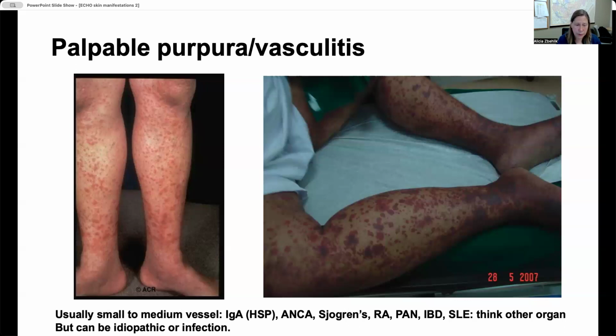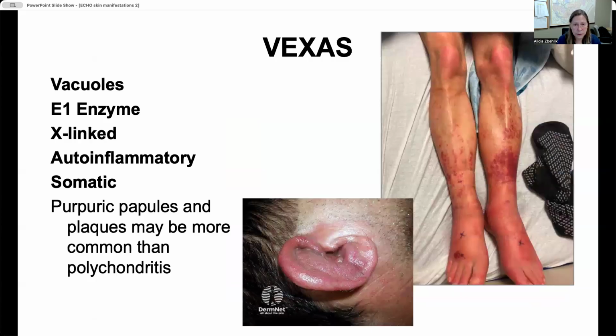The foot drop is also common in this GPA picture, and we do treat that definitely with systemic therapies like rituximab. So next slide, please. And then VEXAS. I know there is some overlap with some of Dr. Redmond's talks, and he was at the NIH when they did this work, which is really fascinating, on VEXAS syndrome. It's an abbreviation for vacuoles, E1 enzyme, X-linked, autoinflammatory, somatic mutation.